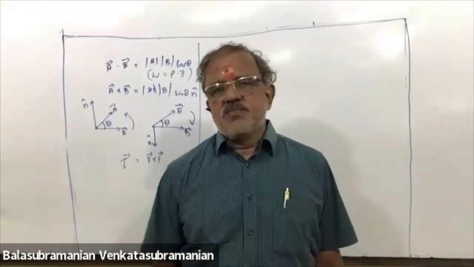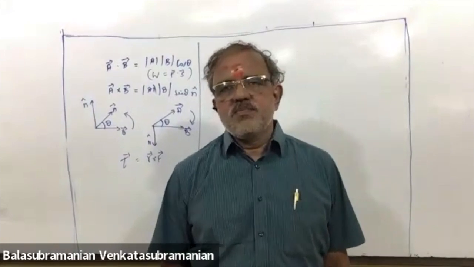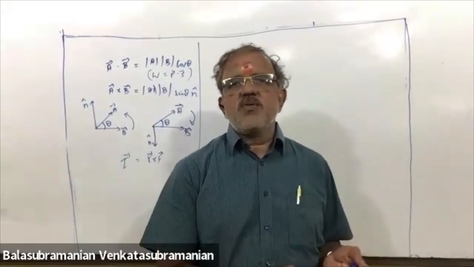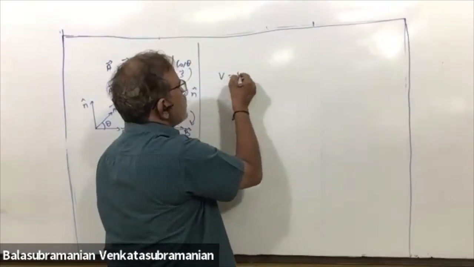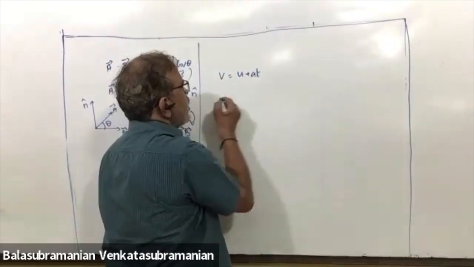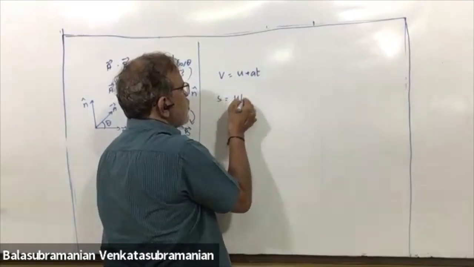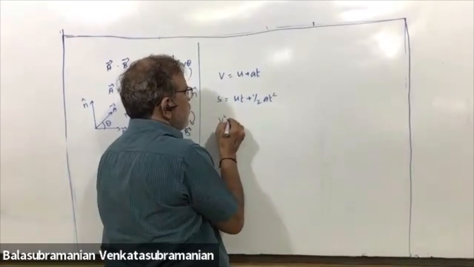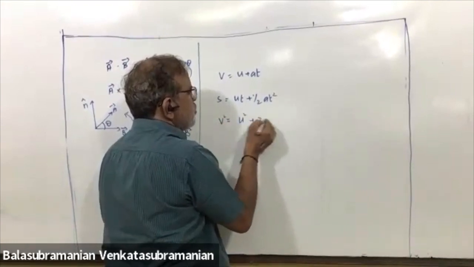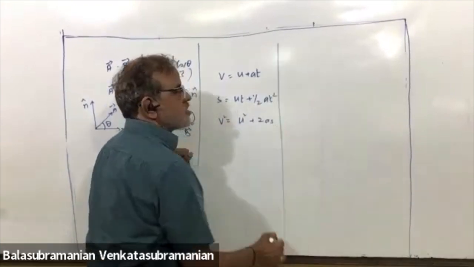Projectile motion. Before that, we should know something about equations of motion that we already know. V is equal to U plus AT. S is equal to UT plus half AT square. V square is equal to U square plus 2AX.